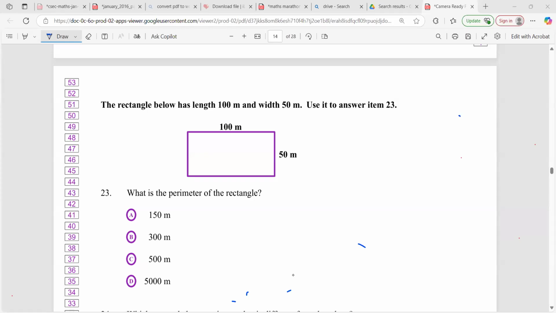Hey Jeremiah, you're correct as well. Ashanti, well done. Farrell, that's correct as well.